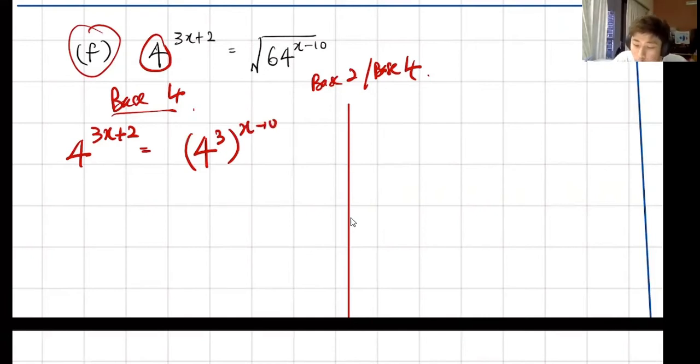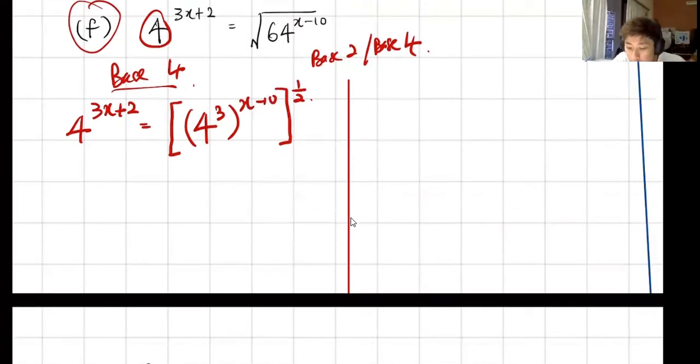This square root, I convert it into power form. So I said many times today, if you convert into power, don't forget to put a power of half. All right, so don't be scared of so many brackets. As long as the powers are neighbors, you can multiply them. You understand me? So you have on the left 4 to the power of 3x plus 2 is equals to 4 to the power of, you multiply 3 of them.